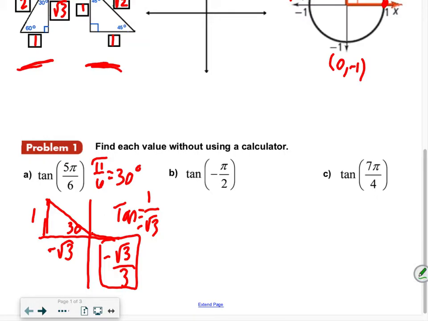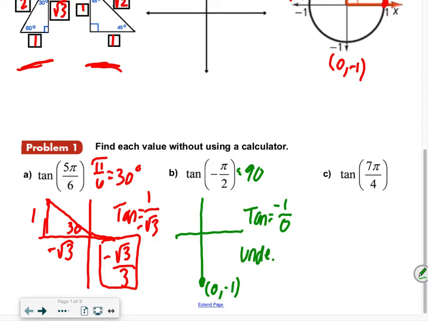Tangent of negative pi over 2, this one's going to look kind of weird. Pi over 2 is 90, going negative, so I'm down here, which is the point 0, negative 1. If I take my y coordinate, so I'm finding tan, y over x, y coordinate negative 1 over my x, which is 0, can't divide by 0, so for our tangent, we just say undefined.